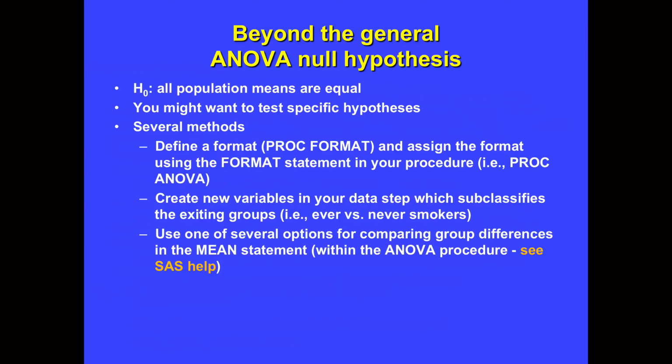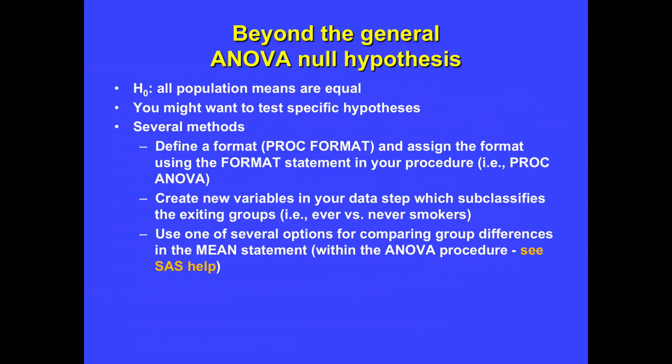For example, we may want to compare and see whether or not the systolic blood pressure is actually different between the former and current smokers, or if there's no evidence to reject that null. And in a similar fashion, we could compare the current smokers to the never smokers and the former smokers to the never smokers as well.